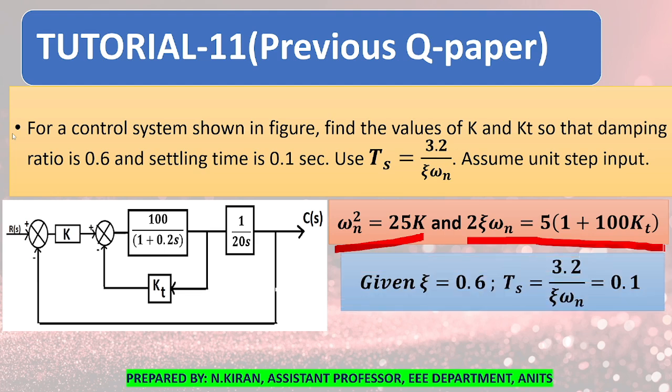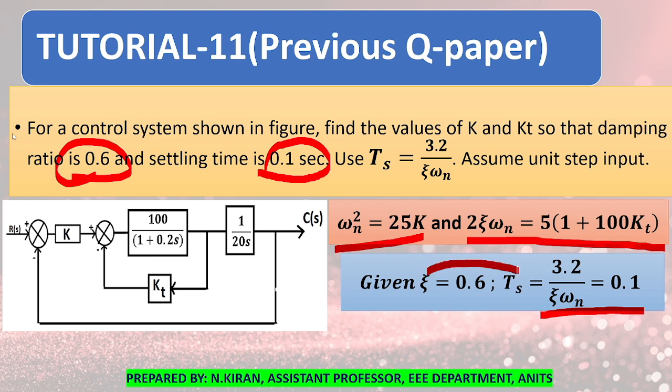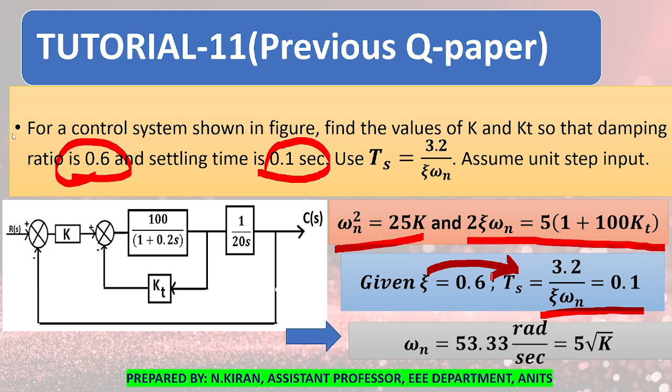So we are already given zeta as 0.6, already given that the settling time is 0.1. So 3.2 divided by zeta omega n is given as 0.1. So if I substitute the value of zeta in the expression of settling time, that will give me the value of natural frequency as 53.33 radians per second.